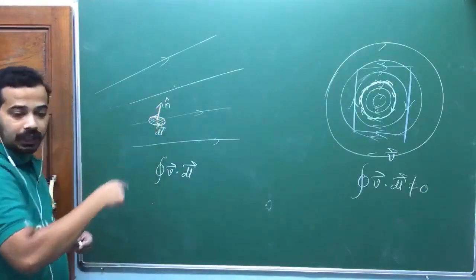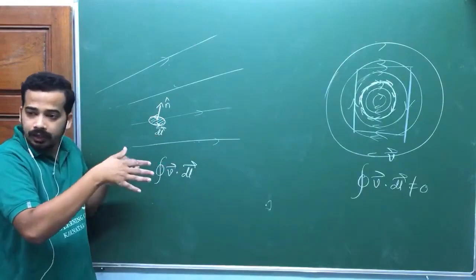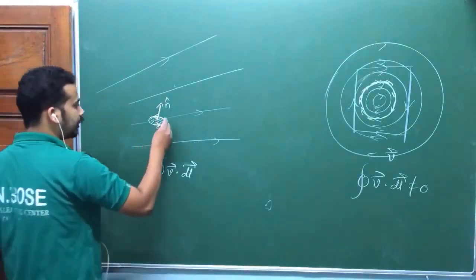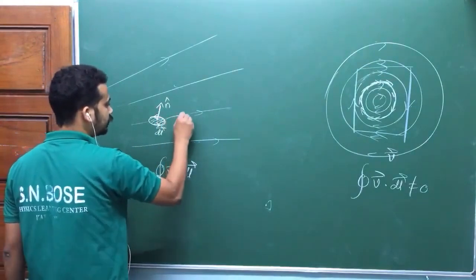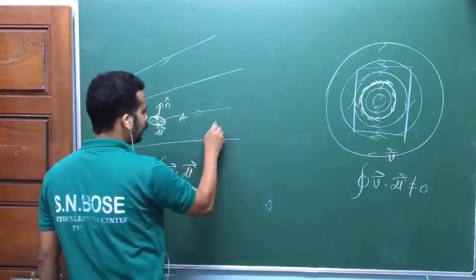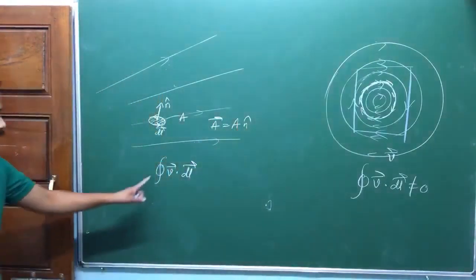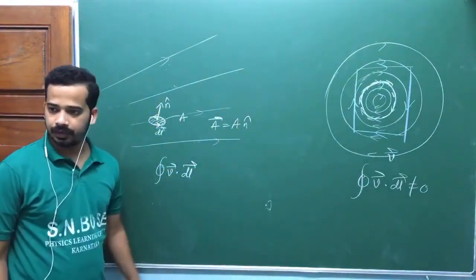Let me define one area enclosed by that loop, and an area vector for that. It has some area A, and that area vector I can write as A into n cap. Is that okay? And I'm going to take circulation of that one.